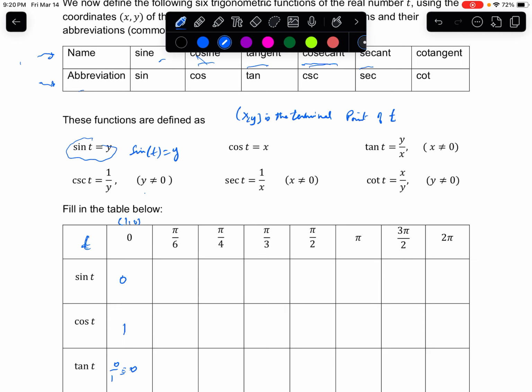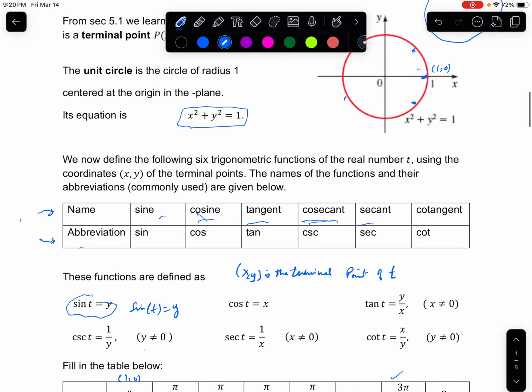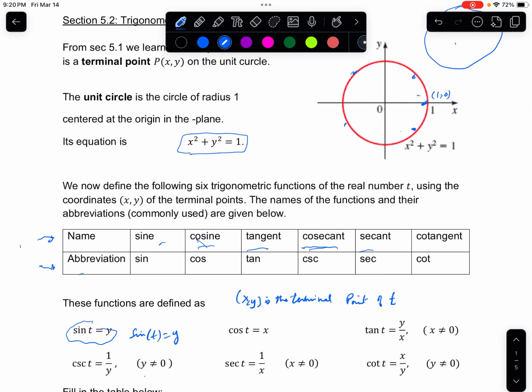Okay, let me do one more: 3 pi over 2. So where is 3 pi over 2? Again from section 5.1, if you recall, from the point (1, 0), where t is equal to 0, if we go up till here it is pi over 2, then 2 pi over 2, and then we come over here, this is 3 pi over 2.